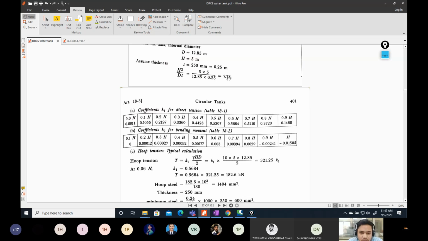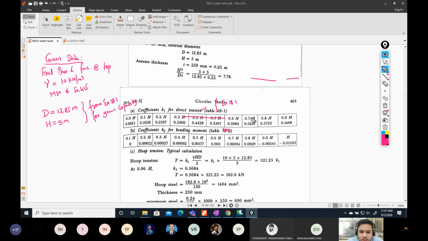If you interpolate the h square by dt ratio between 6 and 8, you will get these coefficients. So this is for the h square by dt ratio of 7.78.